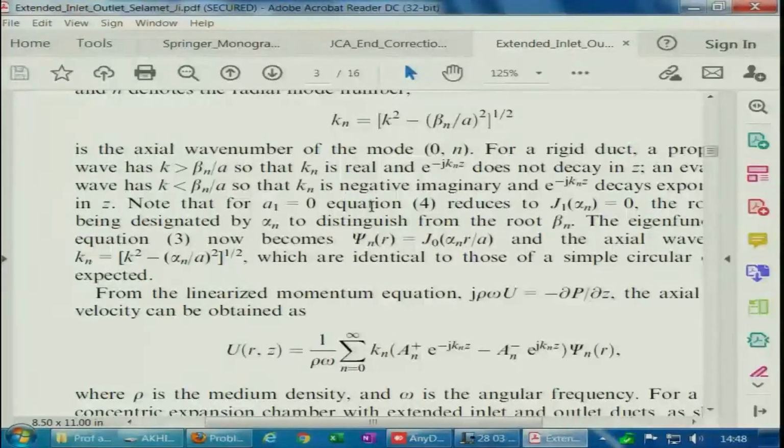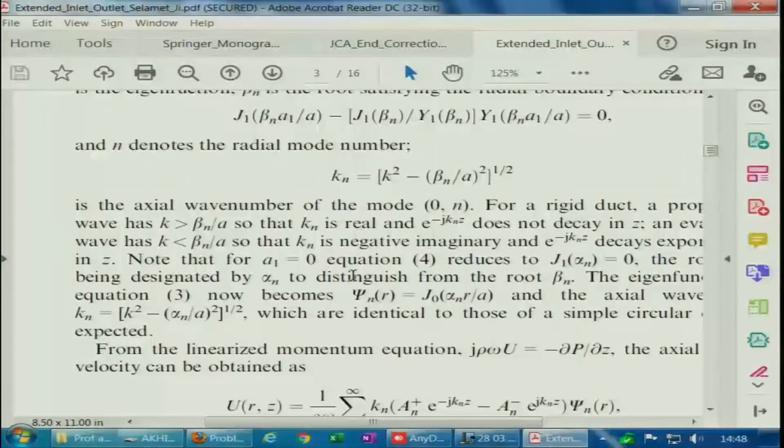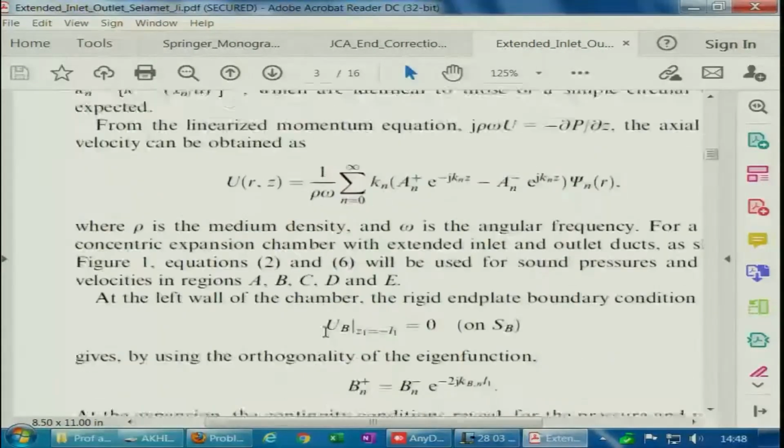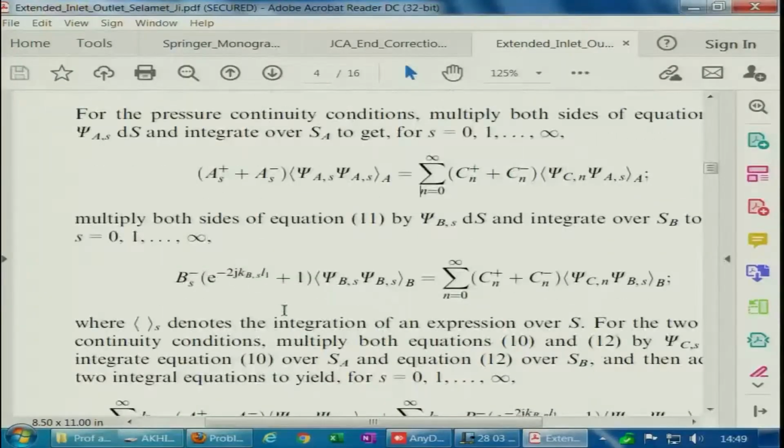They have followed the convention that j is root over minus 1, the imaginary unit, so j square is minus 1. They probably would have done something to suppress the numerical instability. So, we will work with our own codes here. This is what they are getting, and these things will be there.